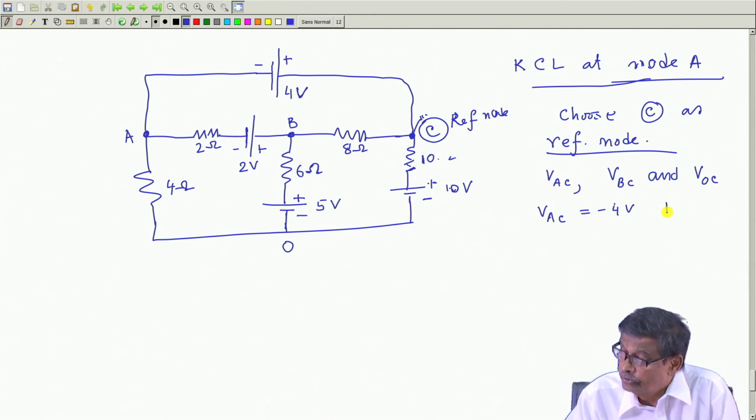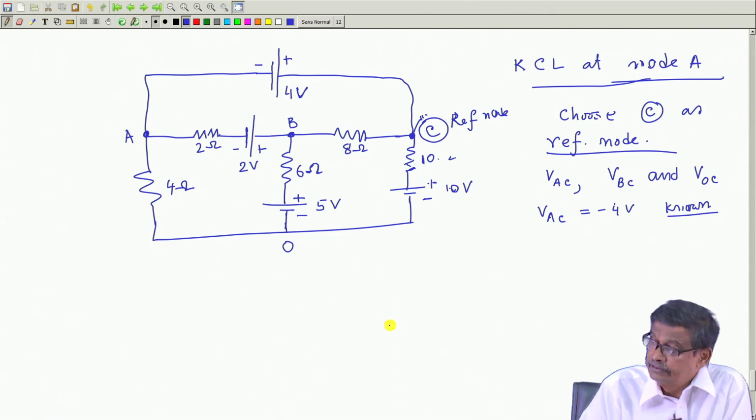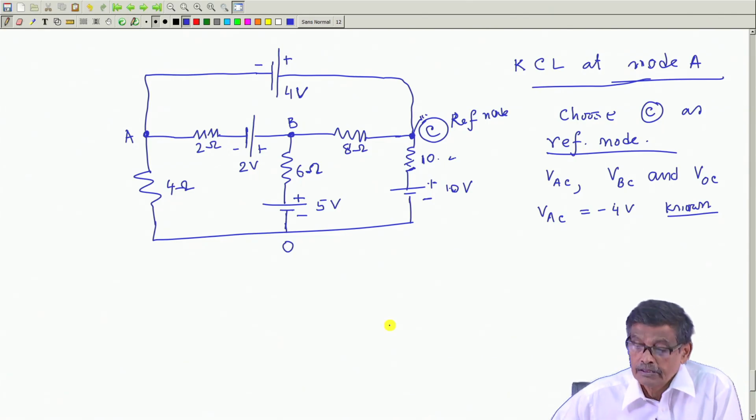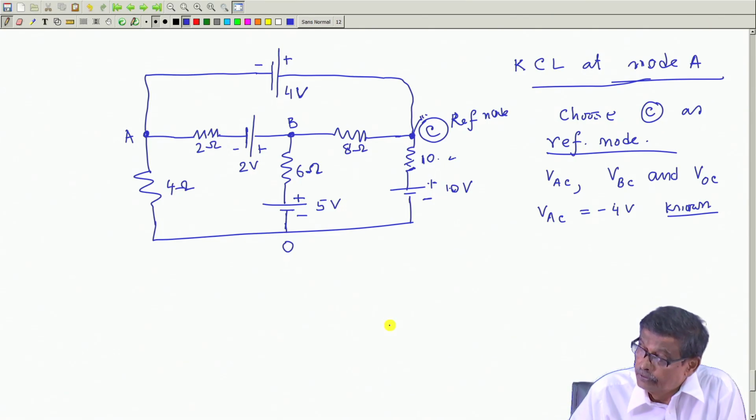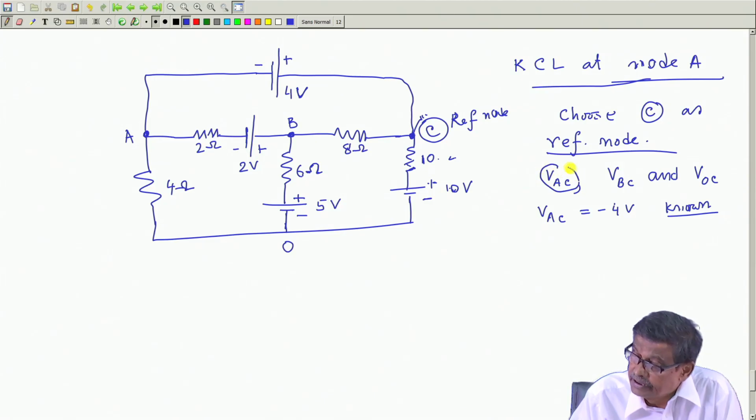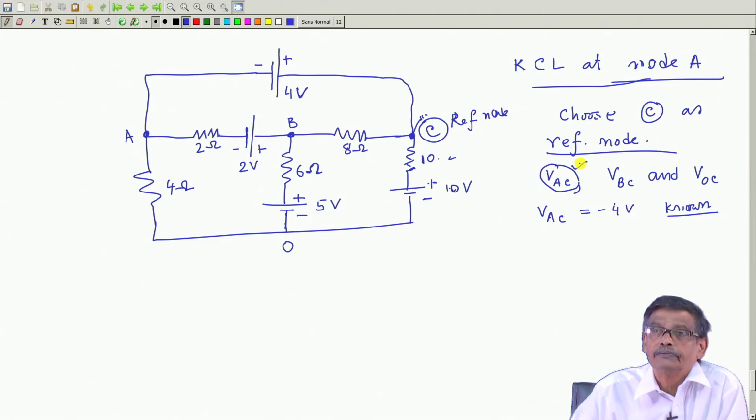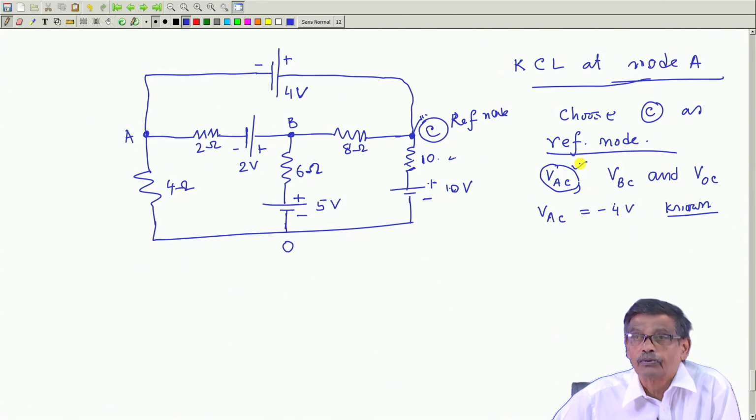So, VAC is known, that is the most interesting point. Out of these 3 unknowns, VAC is known, and that is equal to minus 4 volt.